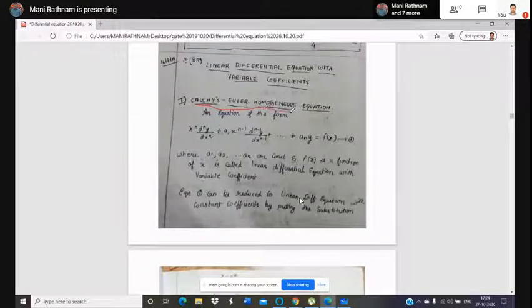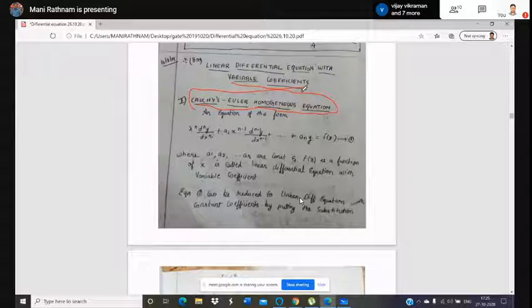Euler-Cauchy homogeneous equation. That is the same differential equation, but the coefficient should be variable. In all previous topics, including variation of parameters, we discussed higher order differential equations with constant coefficients only.